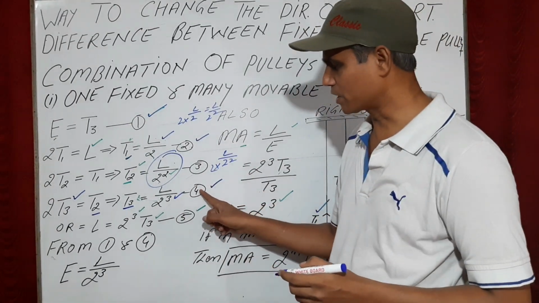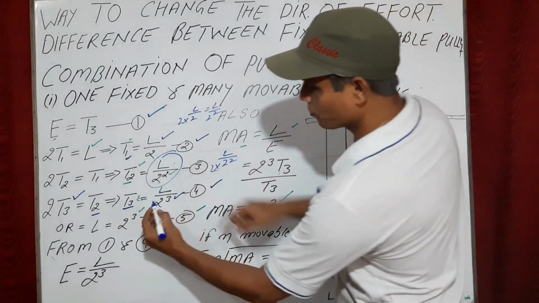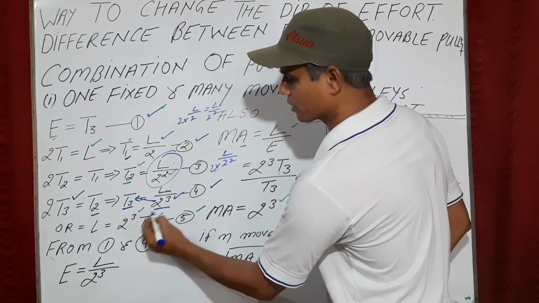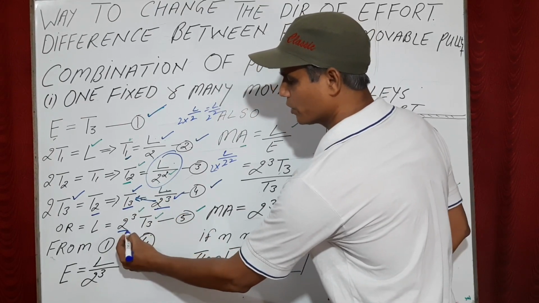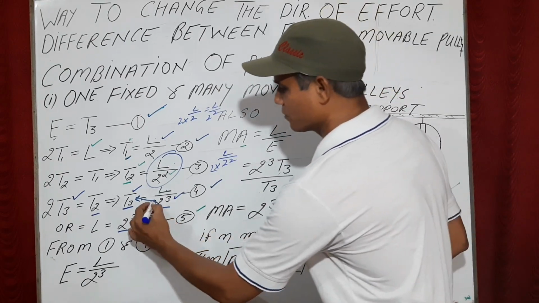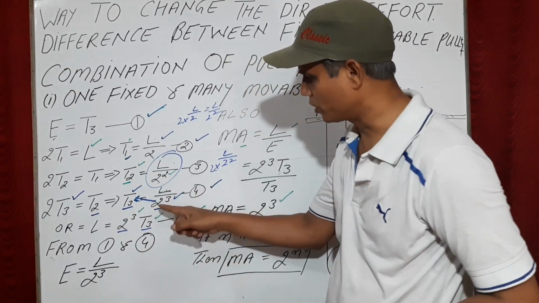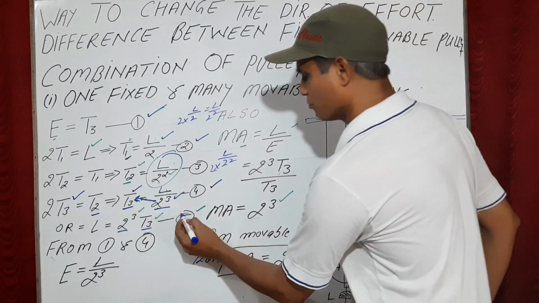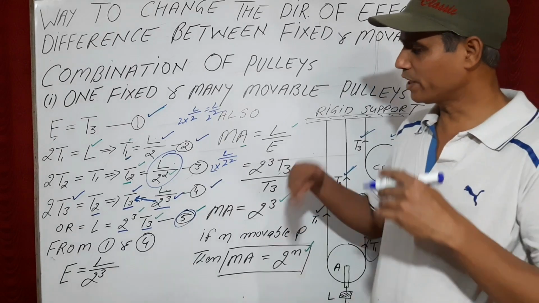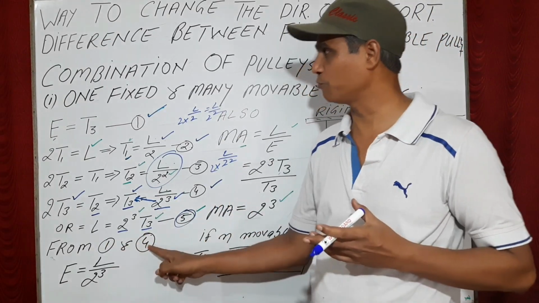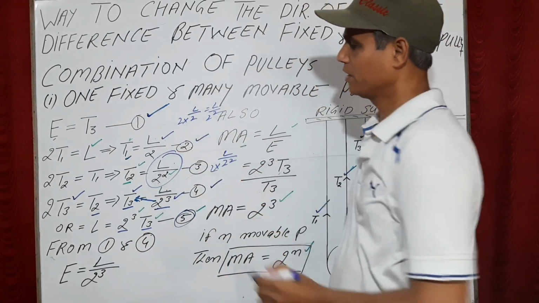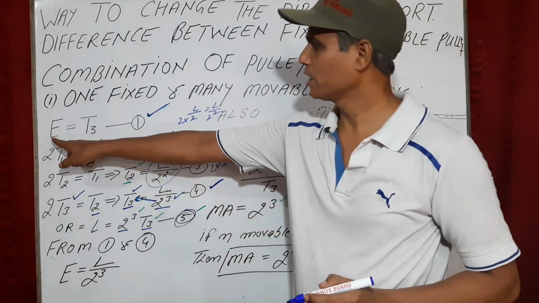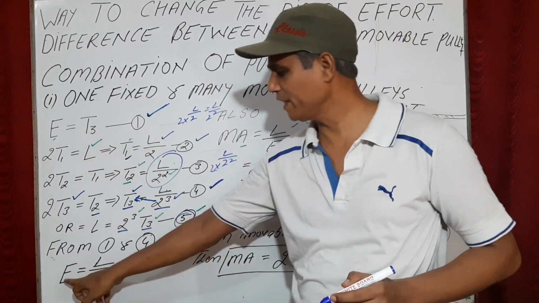Now from the same equation, you can find L, cross multiply this. So L is equal to 2 raised power 3 into T3. I have just cross multiplied. L is equal to 2 raised power 3 into T3, equation number 5. So if I use equation number 1 and 4, in that case I will be getting E is equal to T3.